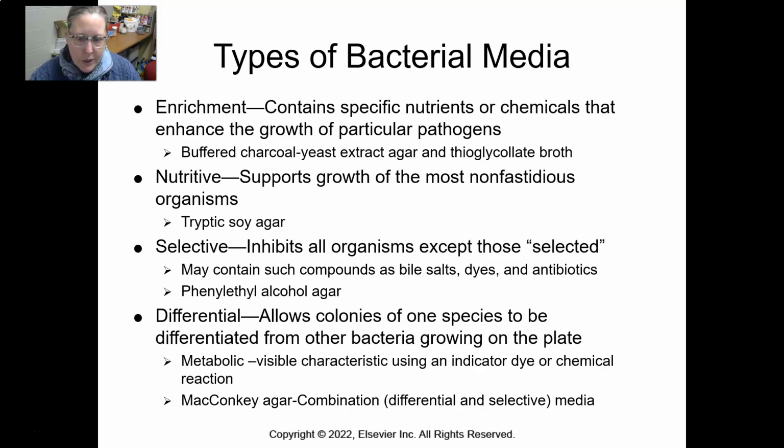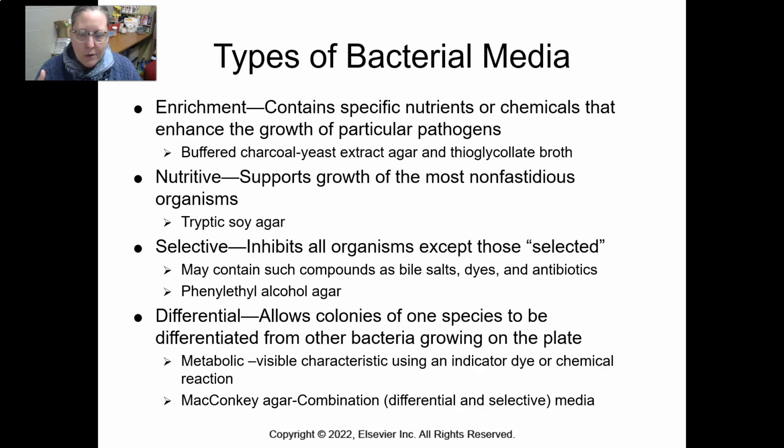And then it can be differential, which allows colonies of one species to be differentiated from other bacteria that are growing on the plate. If it is, it's usually based on metabolism, right? So it's a visible characteristic using an indicator dye or chemical reaction. So it could be, for example, on the MacConkey, if they ferment lactose, the colonies turn a very bright pink.